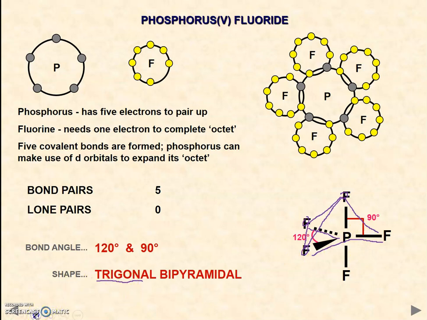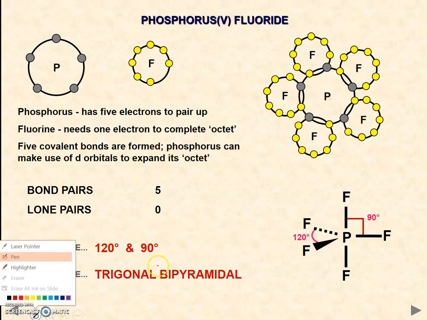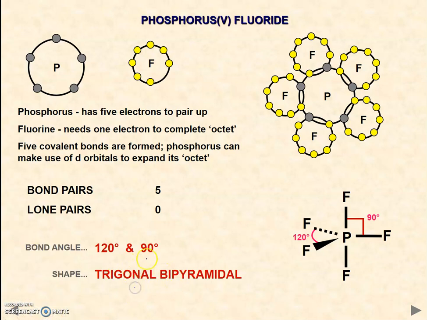Now, if I just delete my ink, and then the bond angles. These atoms here are sometimes referred to as being equatorial. These fluorines I'm just circling.